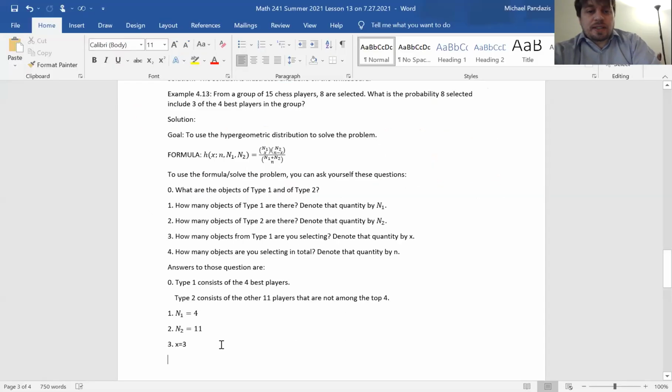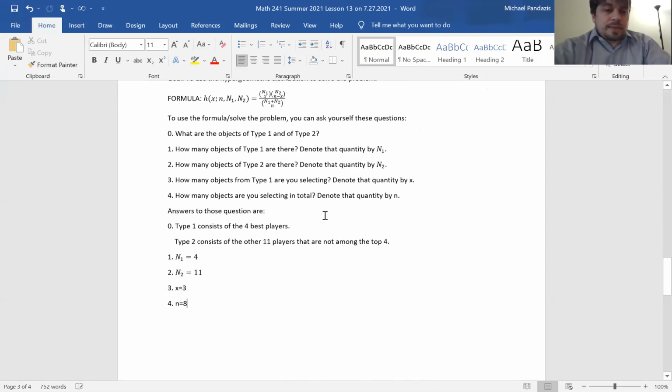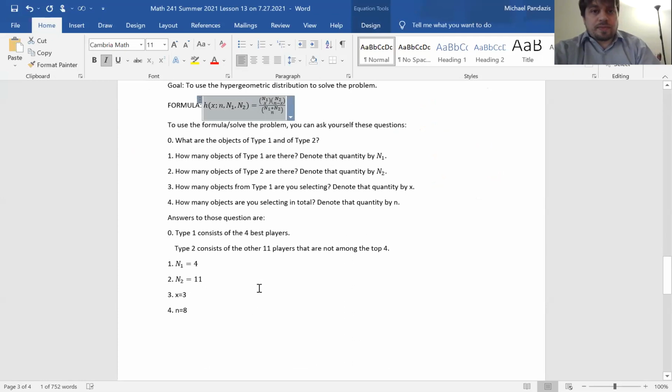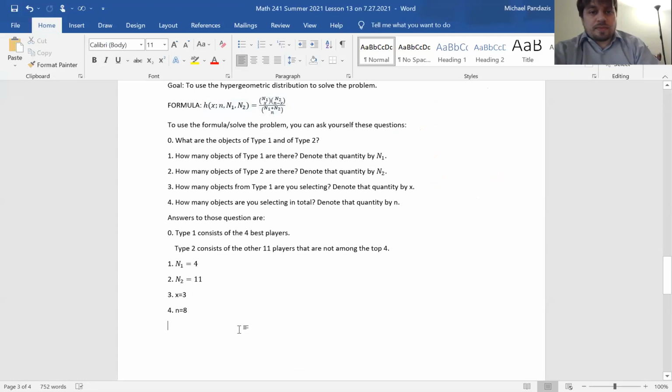And then the 4th question, how many objects are you selecting in total? What is the probability 8 selected include? So 8 selected. We're choosing 8 in total. Denote that quantity by little n. So little n is equal to 8. Right? And so now we're just going to use this formula. There's the formula.